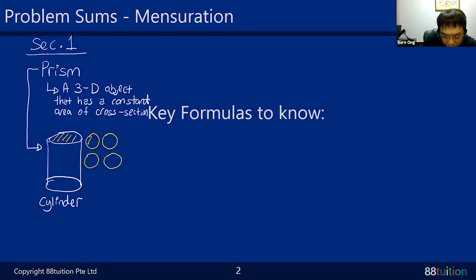And guess what? These circles are the same size. That's why it's called constant. So the area of the top and the bottom of the cylinder is the same size throughout. If you keep slicing like that, you keep getting the same circle, the same area.